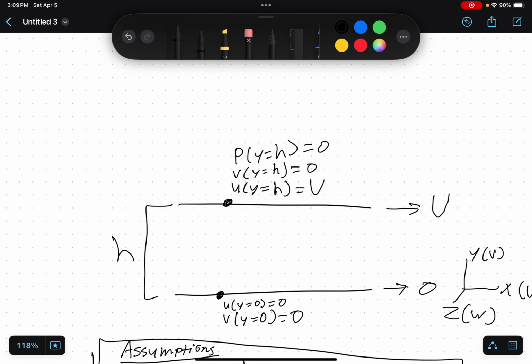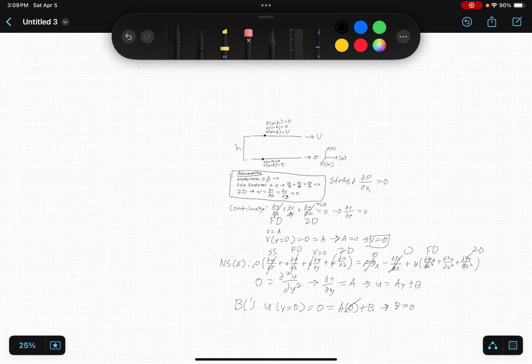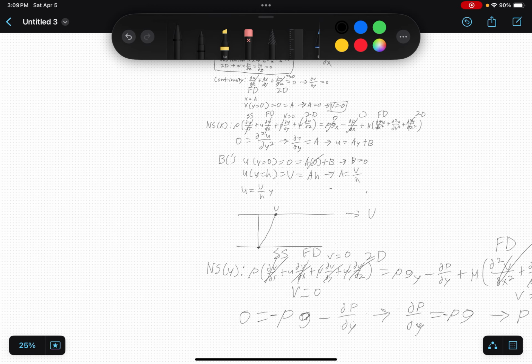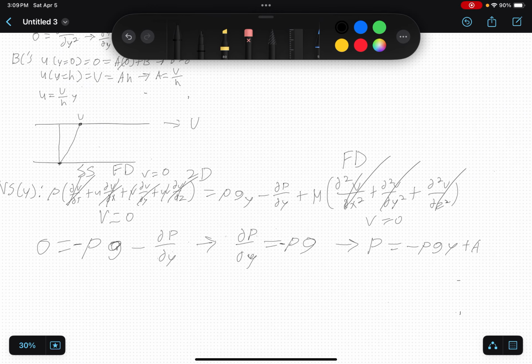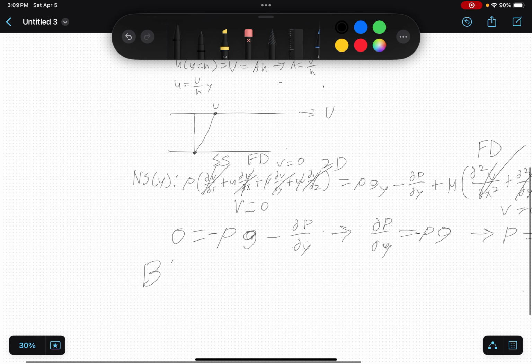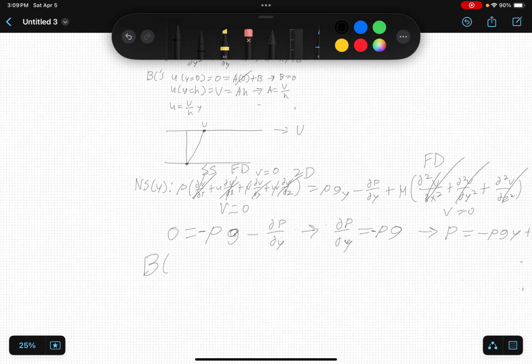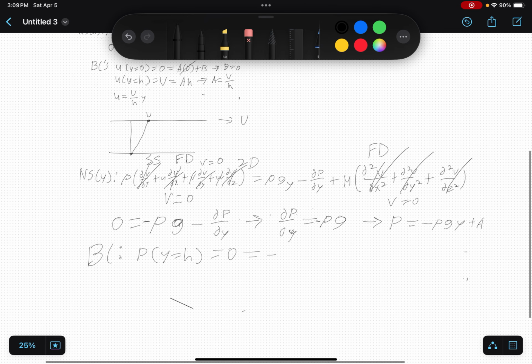Let's assume it's gauge pressure, so it'll equal 0 at the top surface. That would equal negative rho g y. It would be rho g h, because you plug in h plus a. So then we get a equals rho g h.